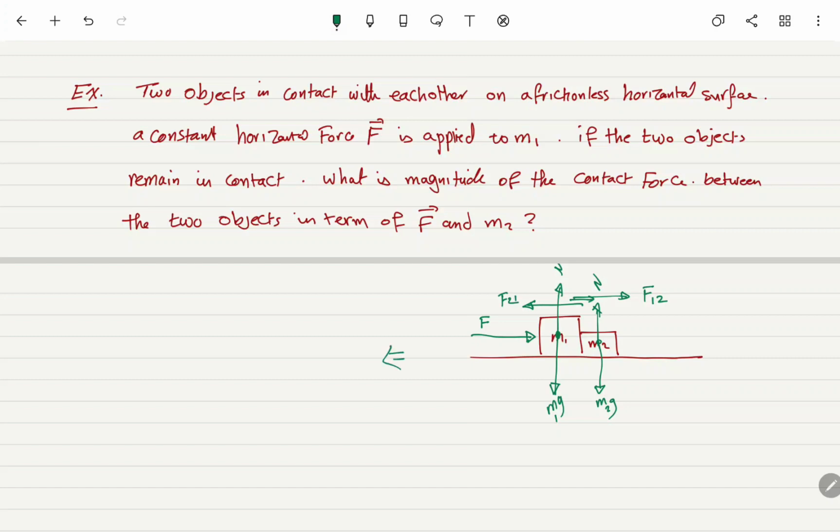Let's make the figure bigger to clarify things. So we have M1 and M2.